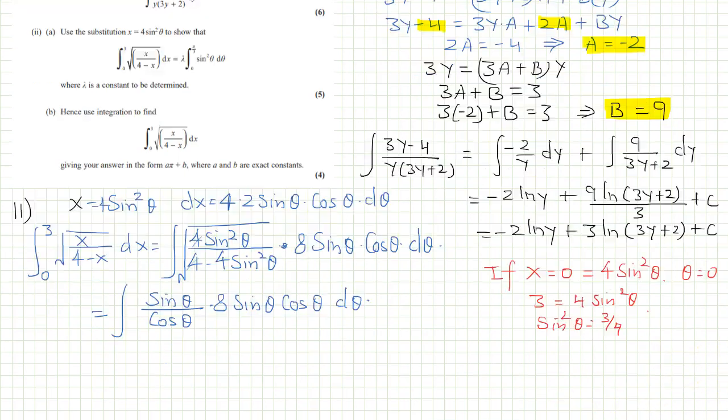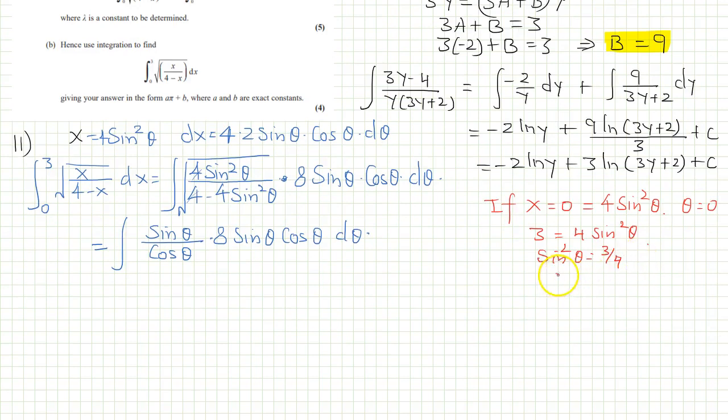So sine theta will be root 3 over 2, that is sine 60, pi over 3. So theta is pi over 3, and the limit will be 0 and pi over 3.